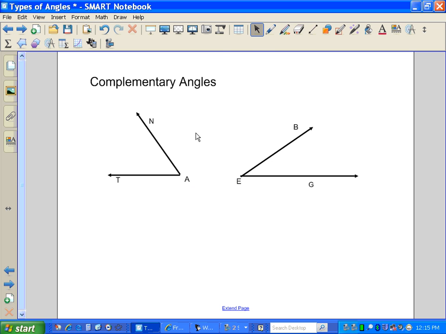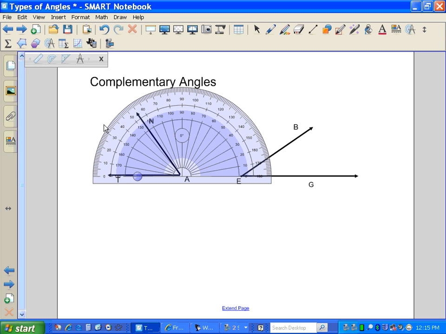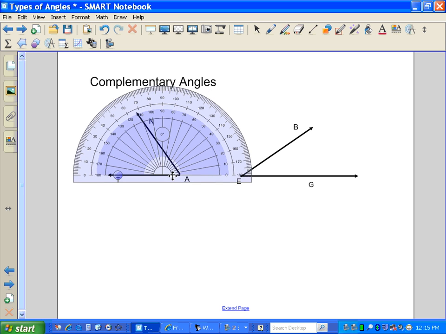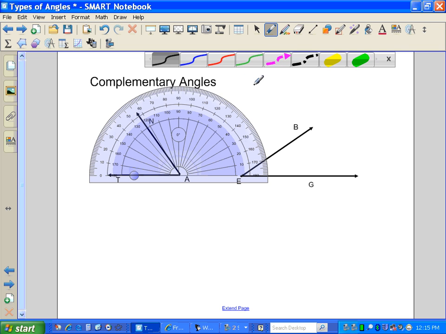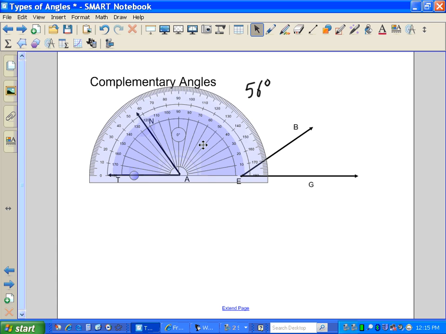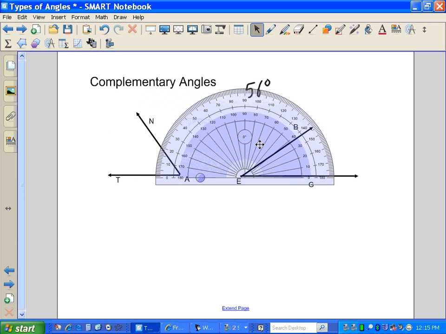Complementary angles. These two angles are complementary. We can check that out, just to get a reminder of what complementary angles are. Do a little angle measurement action. Okay, protractor. This angle looks to be about 56 degrees. And then we'll move over to an angle over here.